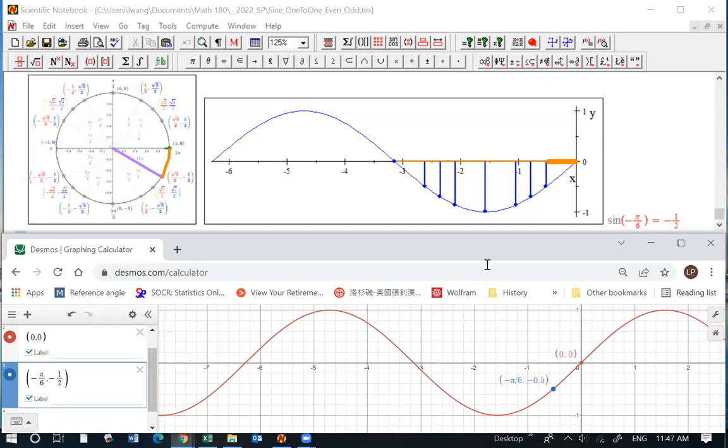Now the gold piece, the gold arc length, or radian, negative pi over 6. Why negative? Because it's measured clockwise. And the blue is the ratio.